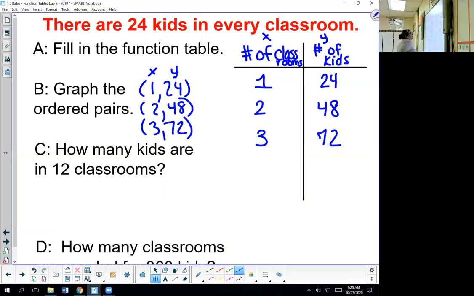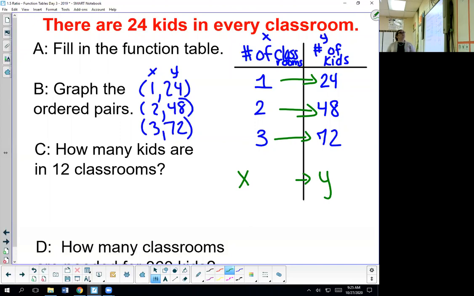So if I was to graph this, we could figure out the actual answer here. If I continue on, going in the pattern, from 1 to 24, 2 to 48, 3 to 72, how am I going from my X to get to my Y?